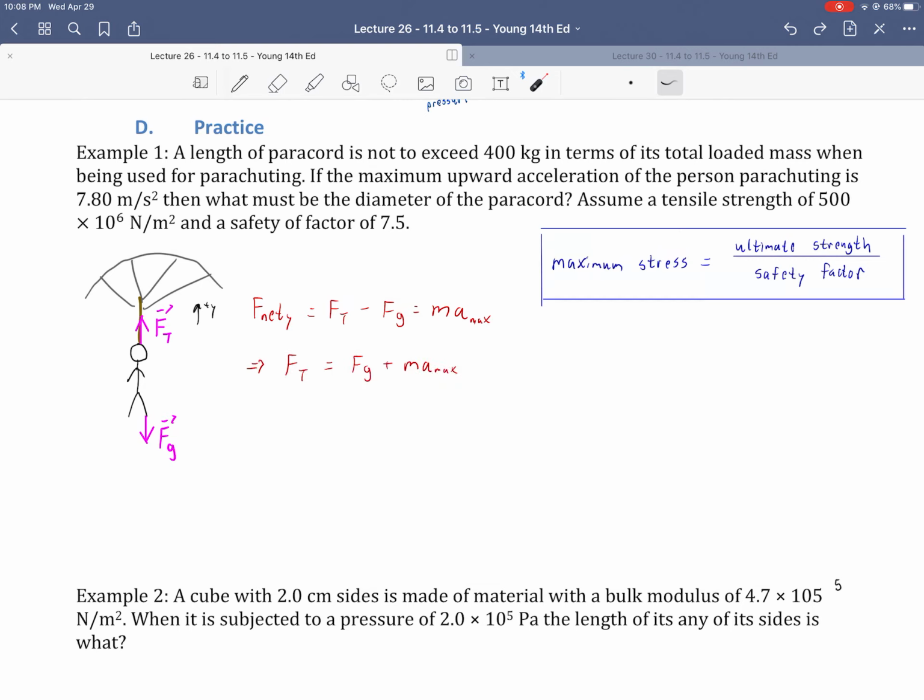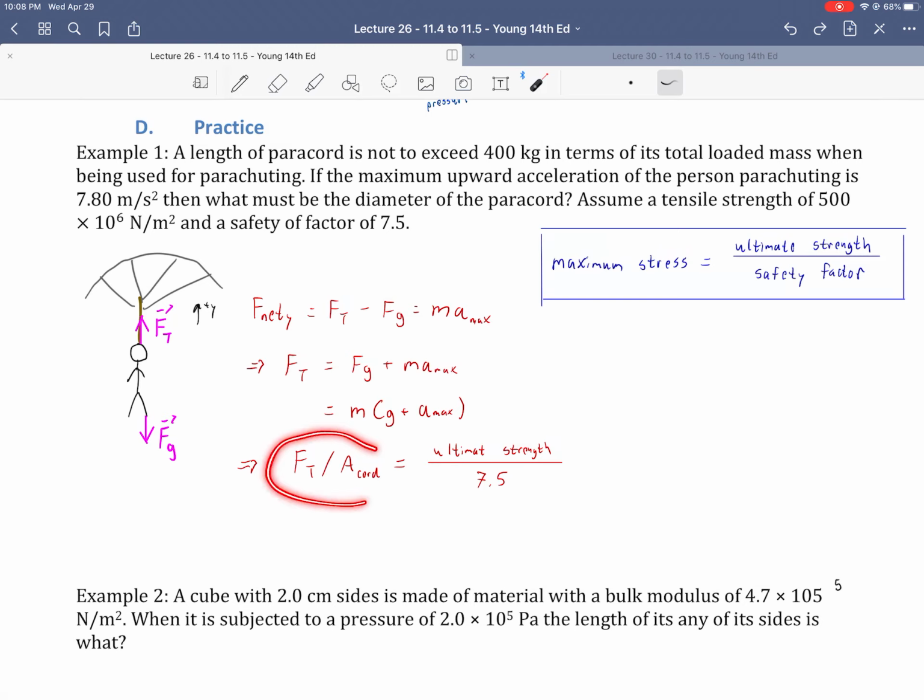All right, so then that allows us to solve for the tension force. The upward acceleration makes the tension force bigger than it would be otherwise. That also makes sense. Okay, and so the tension that's going to show up in the paracord is just the mass of the parachuter times g plus a max. All right, so now we need to relate this to the stress formula, or the elastic modulus formula.